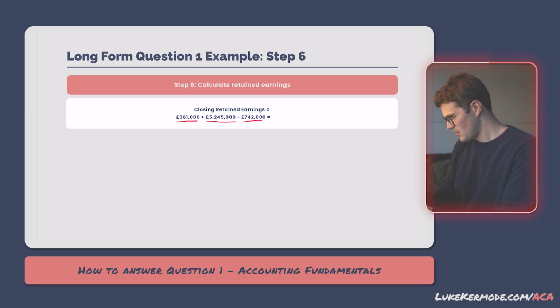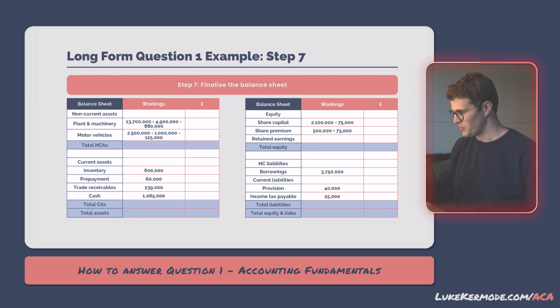So our closing retained earnings is 4,864,000. This is the figure that will feed directly into the equity section of our balance sheet, which we're going to populate now in step 7.